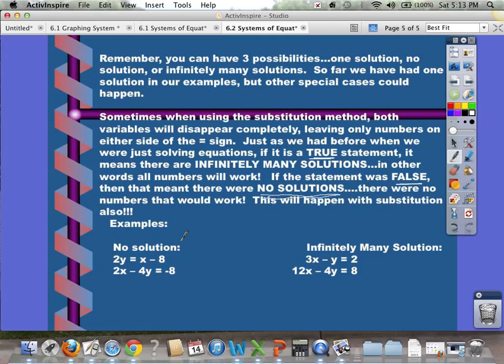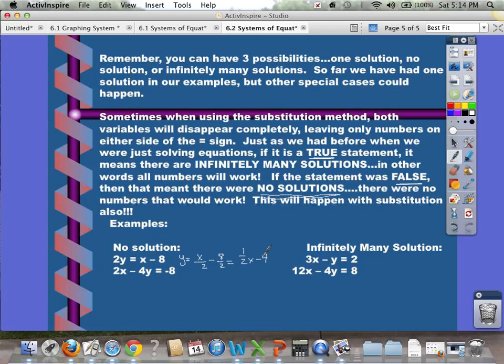When I solve one of them for a variable, I'm going to solve this one for y by dividing everything by 2. Y'all are good at that, so let's do that one. So y is equal to x divided by 2 and negative 8 divided by 2, and that becomes 1/2 x minus 4.